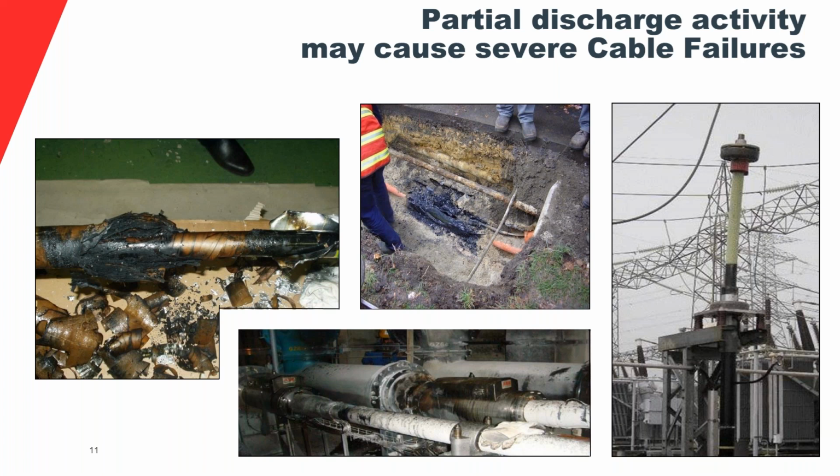Then I just want to make clear with these examples what they mean here and what you see: that partial discharge is the number one cause of severe cable failures within the installation. On the right, you see a transmission cable end termination in a substation. As you can see, there are no outer skirts anymore, no housing, you don't see the polymer or the porcelain.